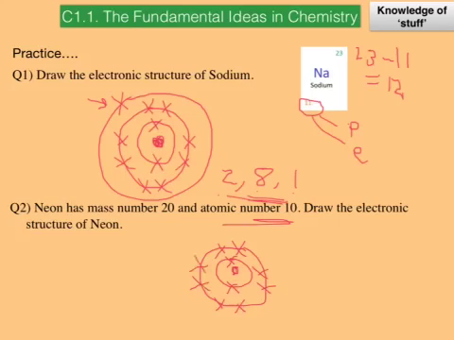And what you can see if you compare these two atoms is, this one, 1 electron in the outer shell, so it's in group 1. Neon has got a full outer shell, so it's in group 0 because the outer shell is full, or sometimes it's called group 8.